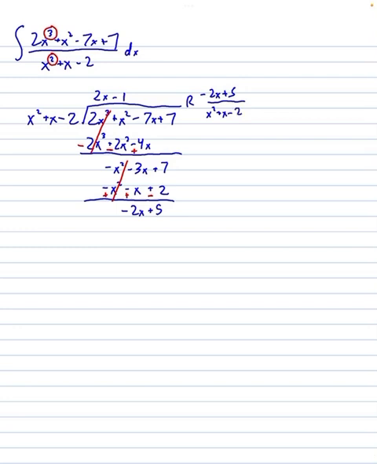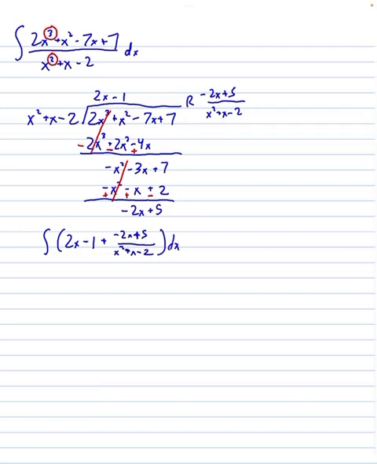Okay, so now basically our new integral that we have to solve is 2x minus 1, then don't forget we have that negative 2x plus 5, that's a plus, over x squared plus x minus 2.